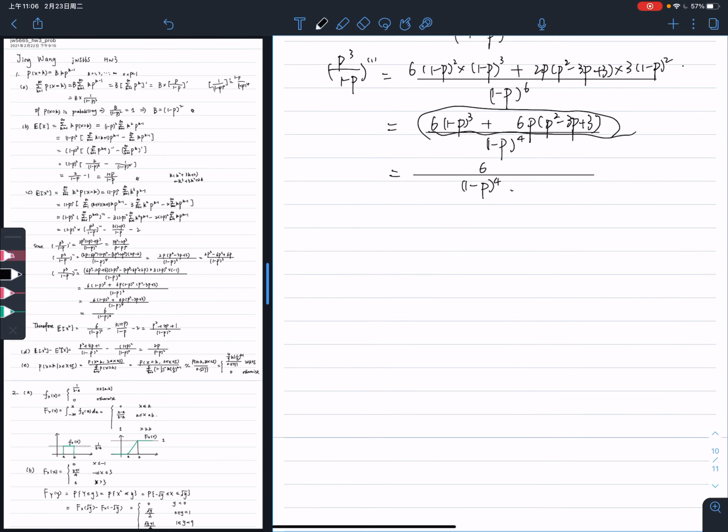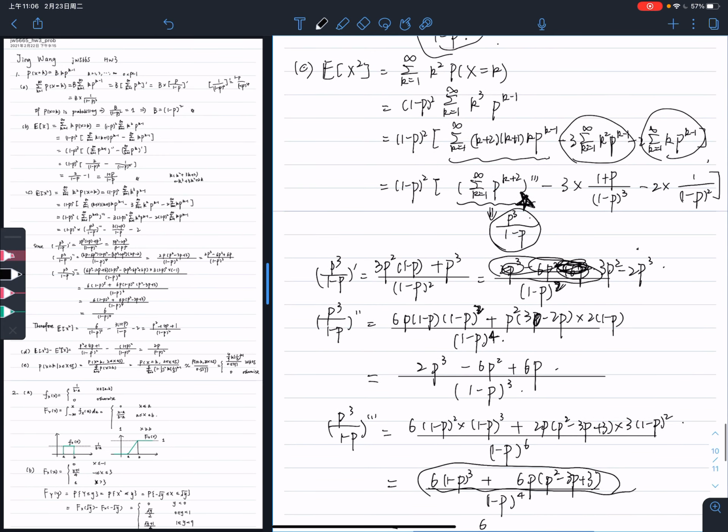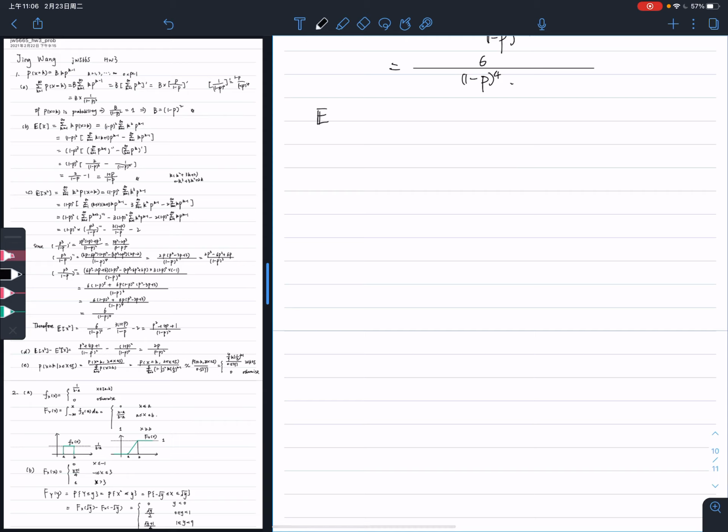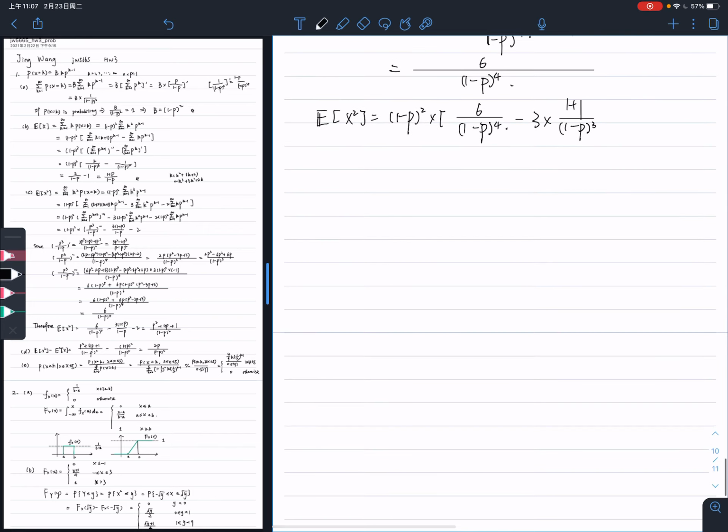So now we get the third order gradient, so we can get the value of the expectation of the square of the random variable X^2, which is (1-p)^2 times (1-p)^4 over 6 minus 3 times (1-p). This is (1+p) minus 2 times 1 over (1-p)^2.